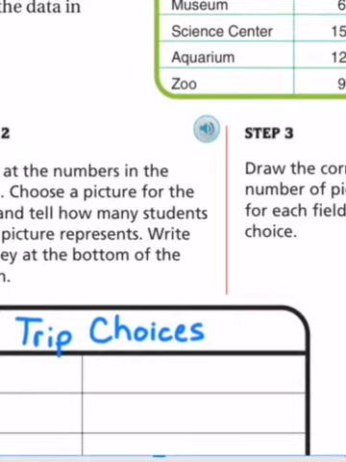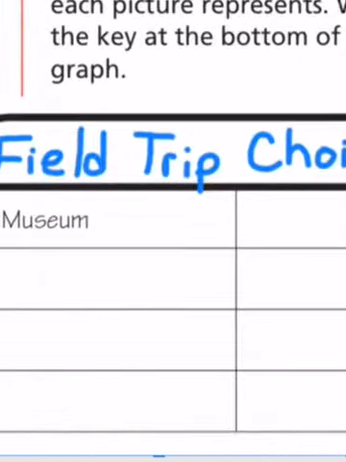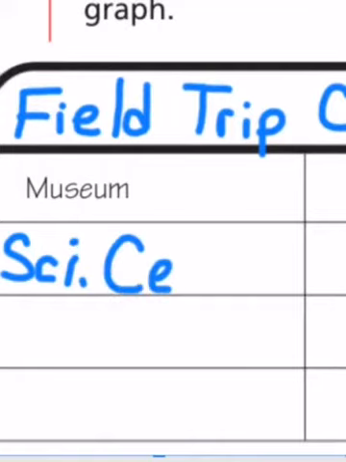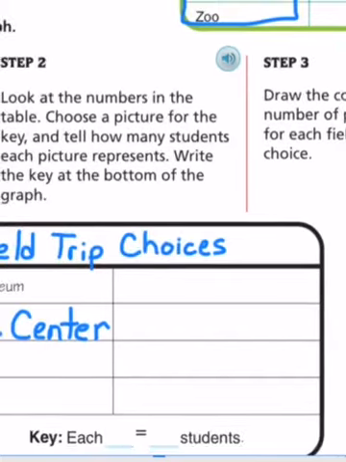And then we need to write a place in each row, and we're going to use the exact same choices that we see here. So we have a museum and a science center. They did the museum for us. So we have the science center, and I'm going to abbreviate science as SCI center. And we're going to put them in the same order that they're in the frequency table as well, just to stay organized.